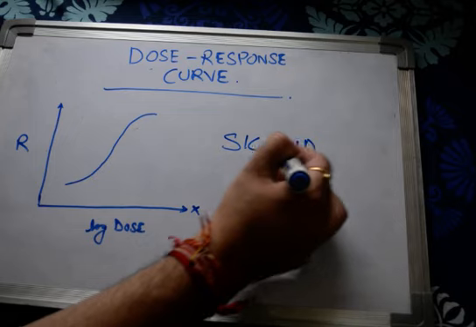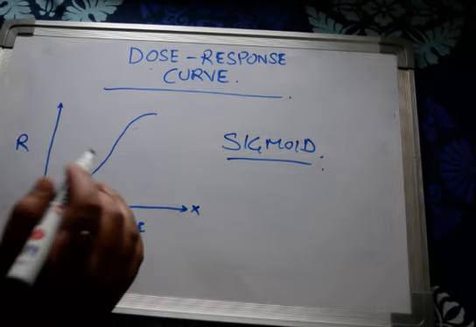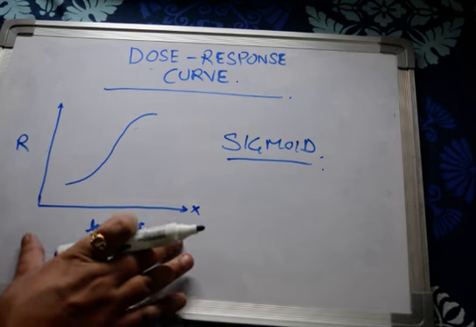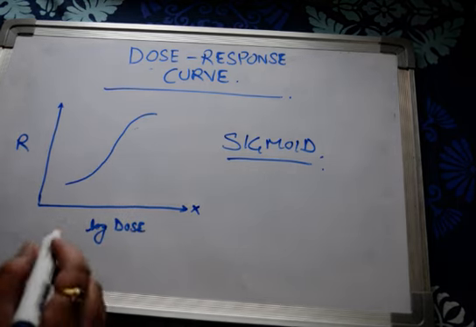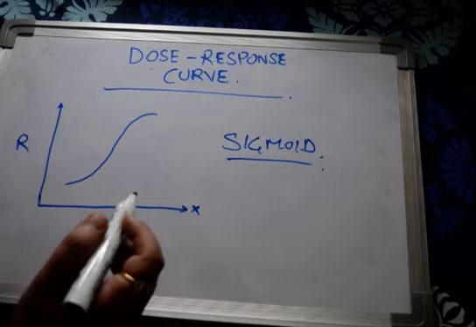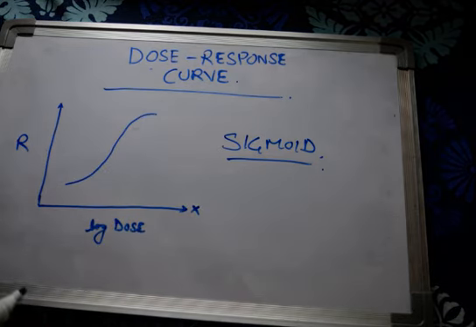This sigmoid curve has some benefit over the hyperbola, which I have already discussed. One very important benefit is that it can be accommodated on a single graph paper. Another thing is, you now require very few doses to reach the maximal response.